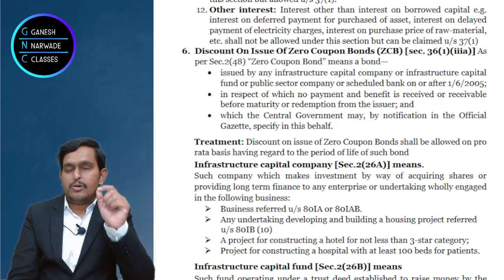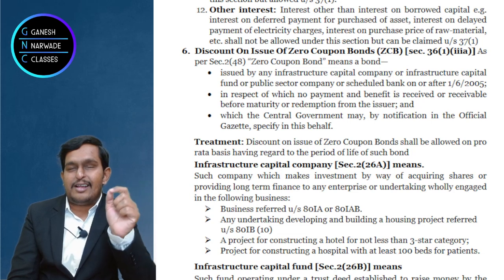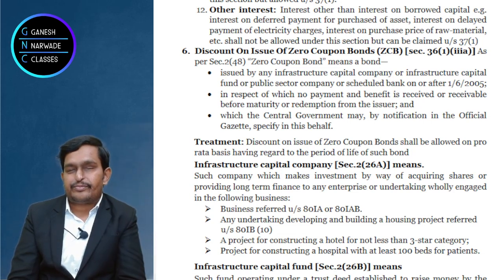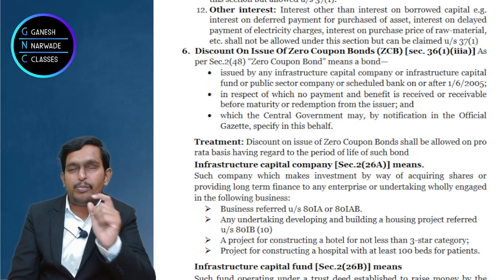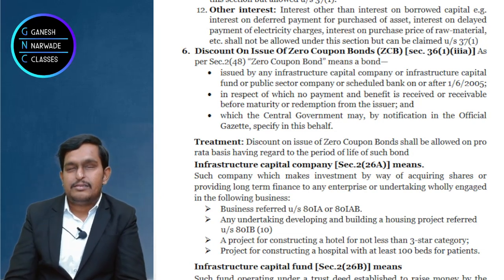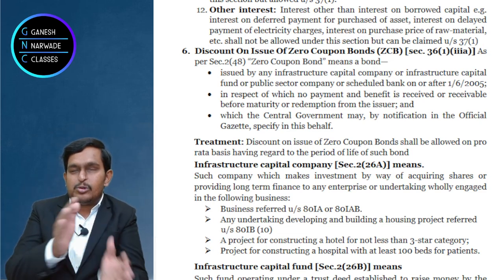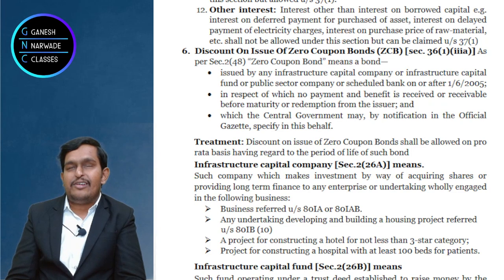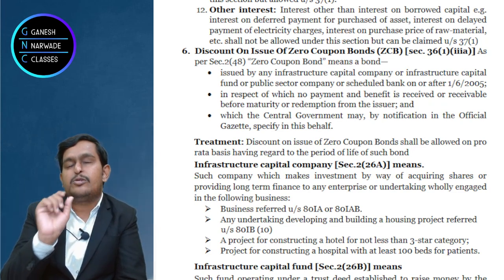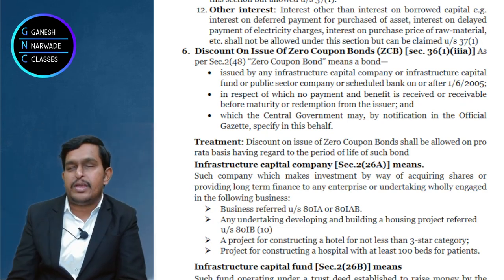Suppose in 2018, State Bank of India, which is a scheduled bank, issued zero coupon bonds, and those bonds are going to mature in 2023. Between 2018 and 2023, SBI will not pay a single rupee to the bondholder. Suppose I purchase the bonds, SBI will not pay a single rupee to me.